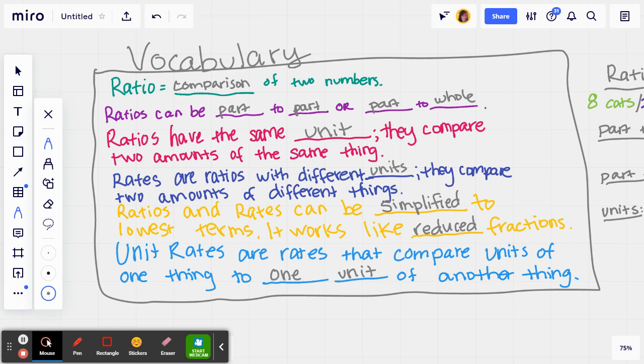Or maybe we say we drove 120 miles in 2 hours. The unit rate would be how many miles did we drive in 1 hour? So a unit rate is when we take a rate and we simplify or reduce it so that one of the amounts is a 1. Okay, let's move on.